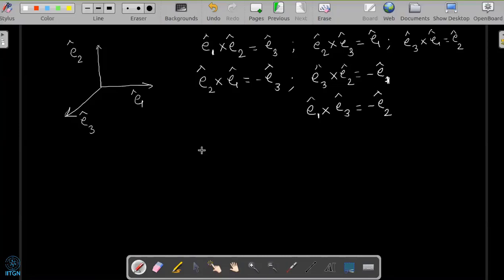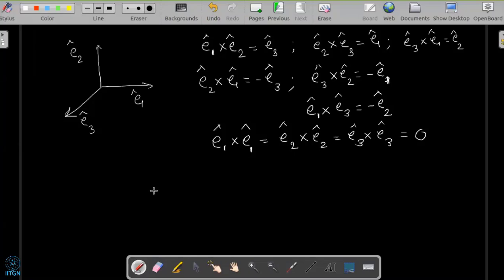So by changing the order of these two, when we are doing this vector product operation, we get the result with a negative sign. Another thing is, when the two vectors are the same, then the result will be 0. This is a well-known property of the base vectors of the coordinate system we are using.